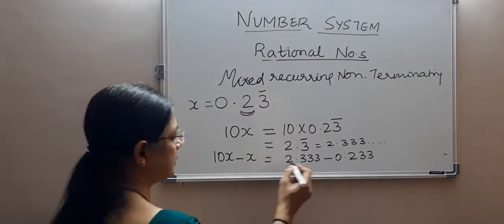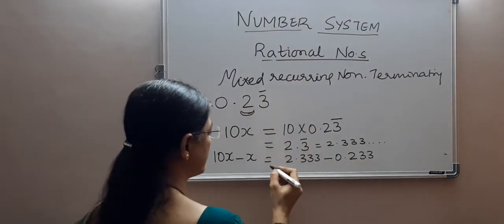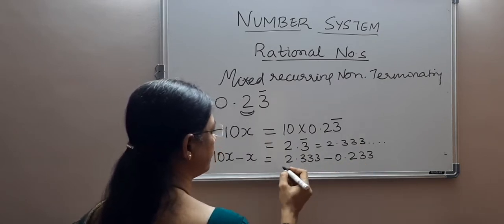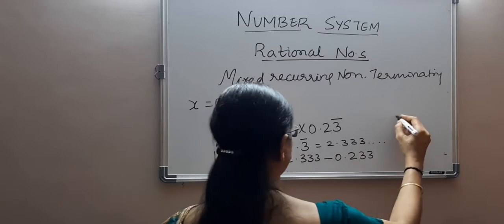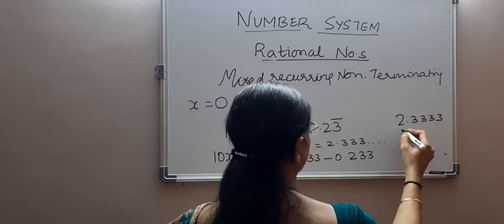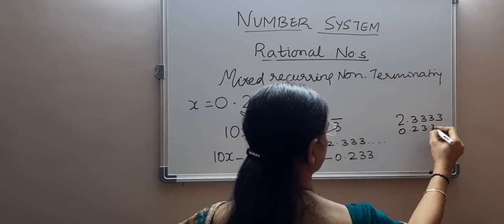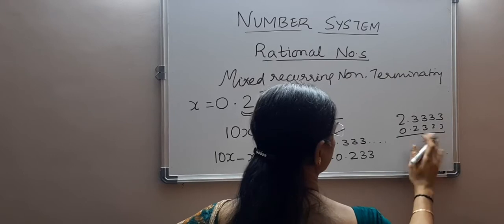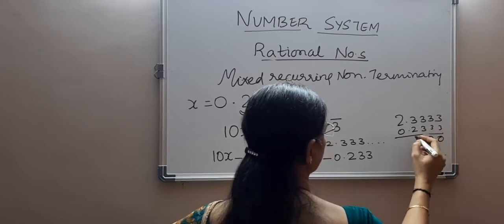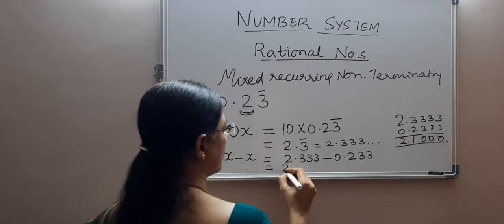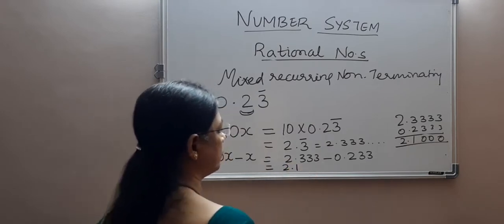Okay. So the next step is subtraction of x value. So 2.333 minus 0.233 will give you 2.1 for me.